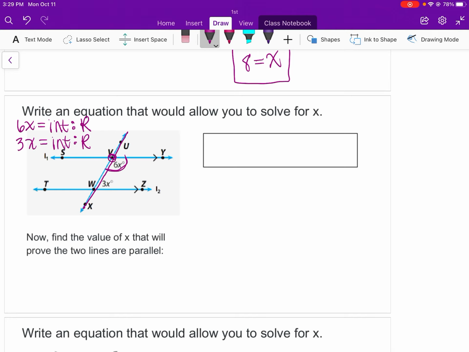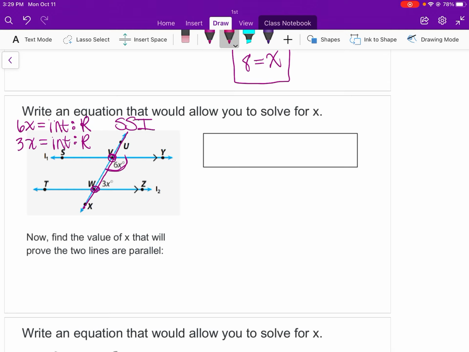When I see this, we're looking at two different intersections, so we realize that these are same side interior angles.